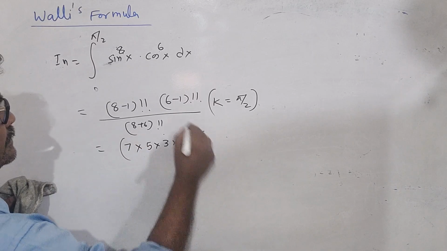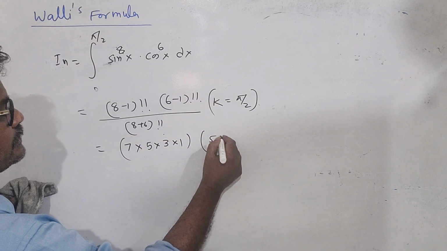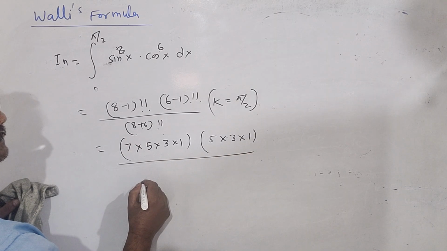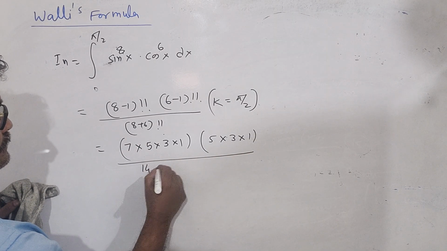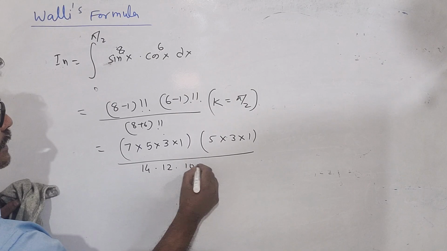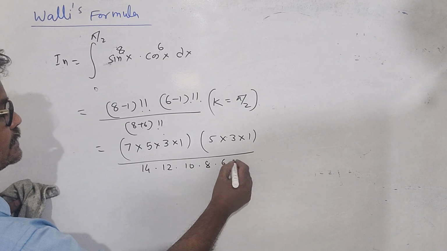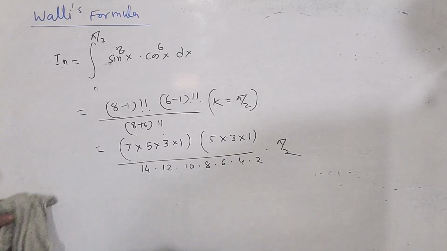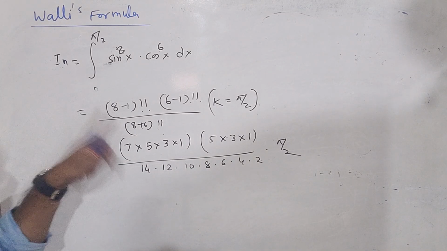Then 6 minus 1 means 5 double factorial, 5 into 3 into 1. 8 plus 6 means 14 double factorial, 14 into 12 into 10 into 8 into 6 into 4 into 2, into pi by 2. That is your answer. So in that way we can apply the Wallis formula.